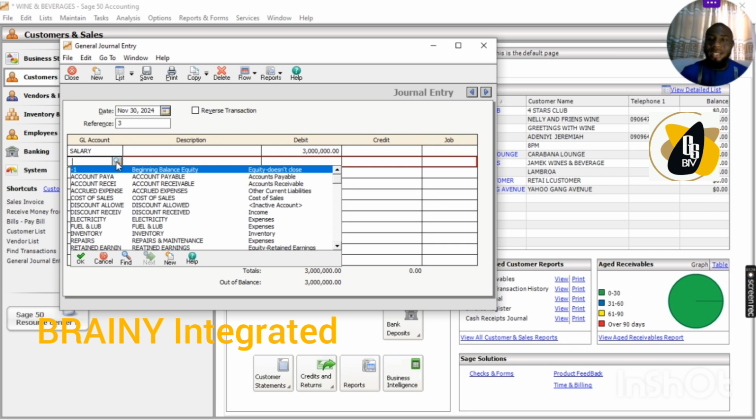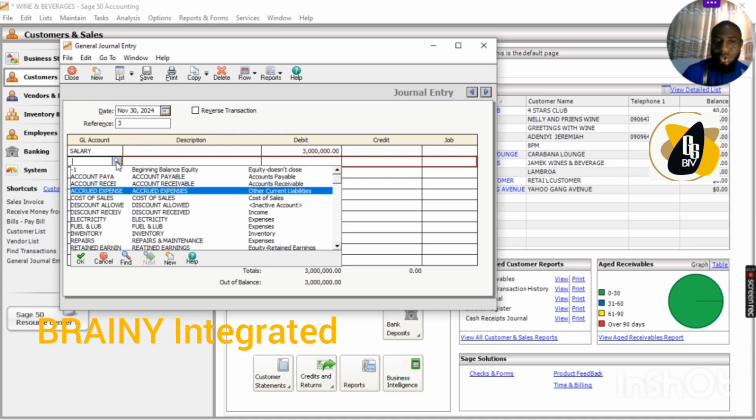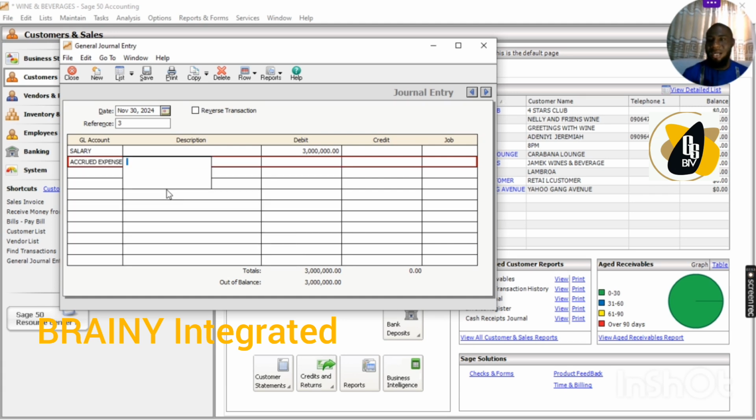It is either we create a salary control account or we use accrued expense to record it. Without wasting much time, I'll just use accrued expense to record it. So I'll click on accrued expense, which is a liability account. Then I'll credit accrued expense with 3 million naira.